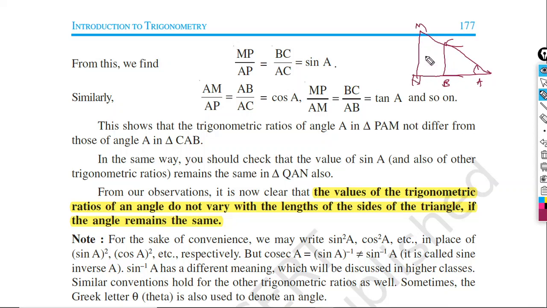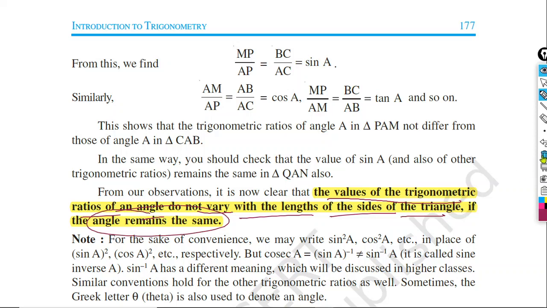In this case you can further extend this side like this, and you can find, say suppose PQ. Similarly PQ divided by AQ will also be same, isn't it? So the value of the trigonometric ratio of an angle does not vary with the length of the side of the triangle if the angle remains the same.